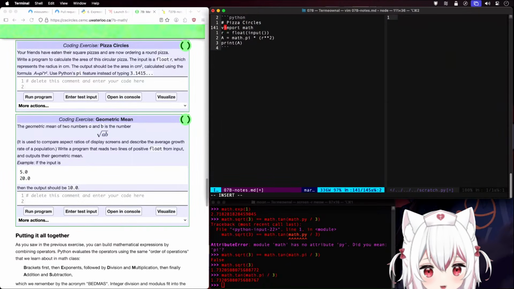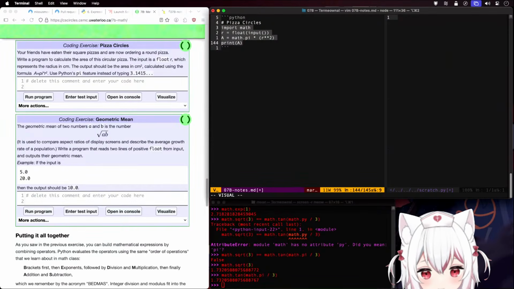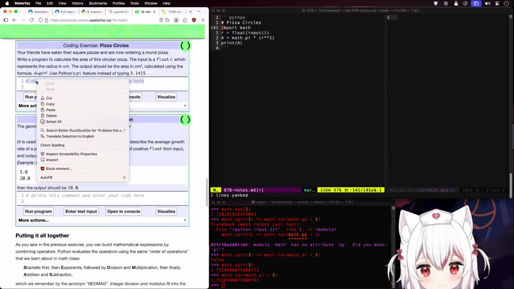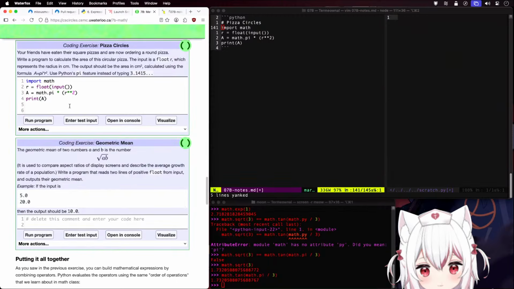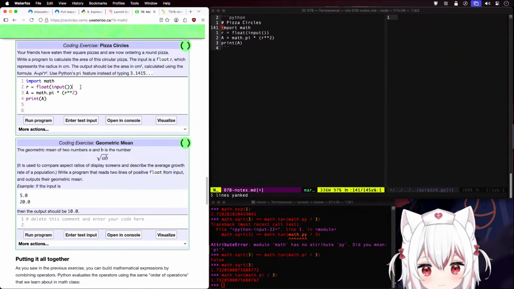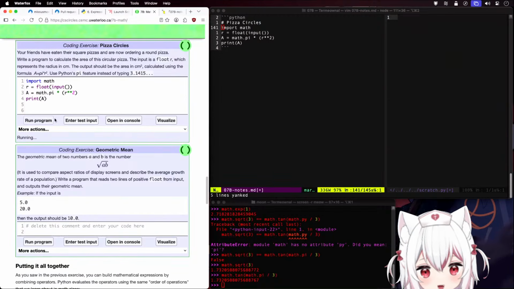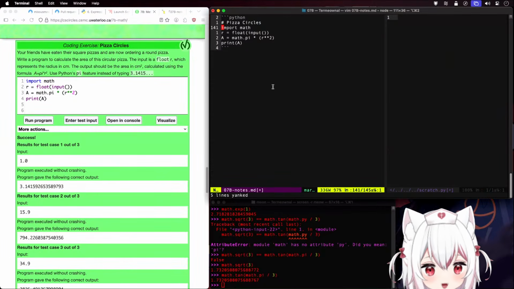I think it's something like this: float of input for r, A is pi times r squared. Yeah, this is right. Okay.